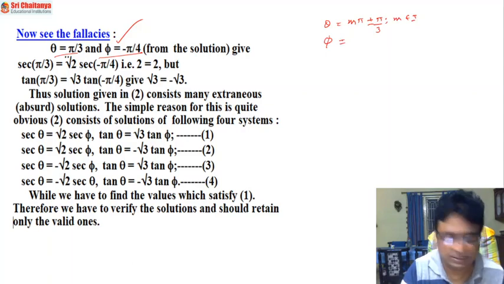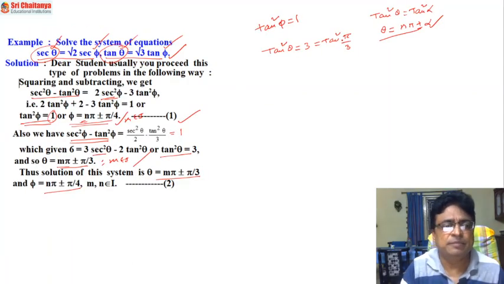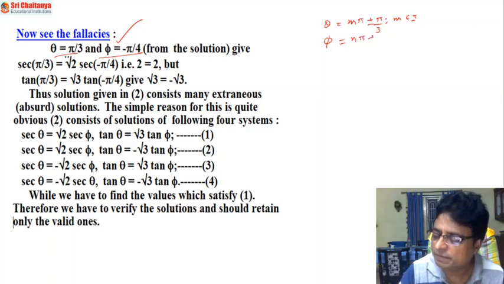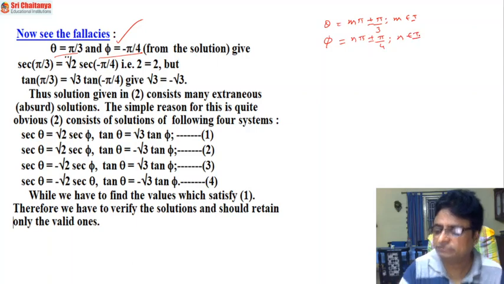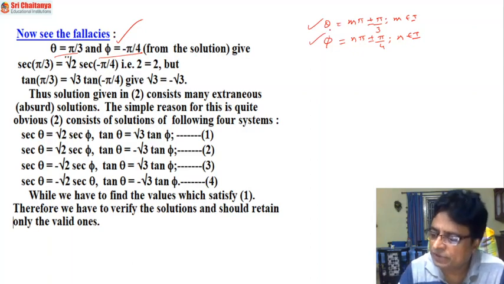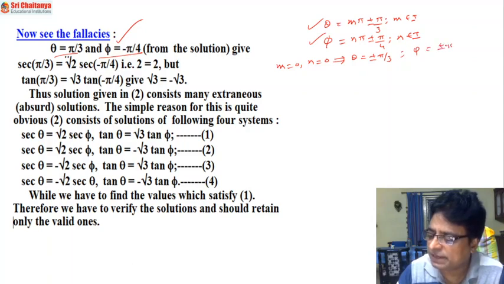And my phi would be n pi plus or minus pi by 4, for integer n. This is theta and this is phi. If m is equal to 0 and n is equal to 0, that implies theta is plus or minus pi by 3 and phi is plus or minus pi by 4.